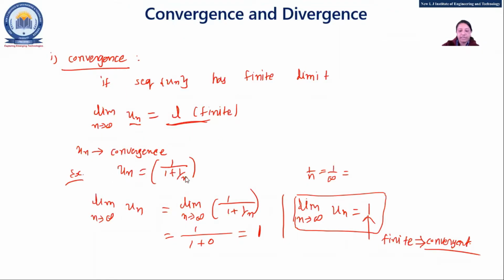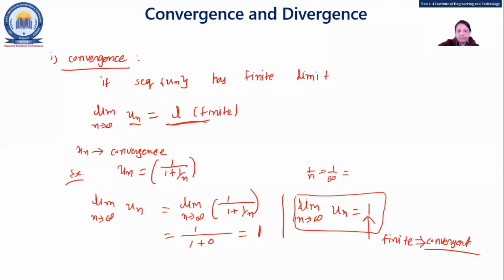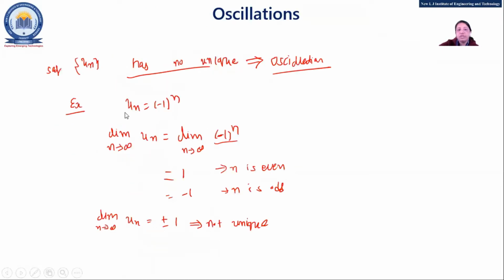We have seen an example of that one. Divergence: if the answer of the limit is infinite. The next one is oscillation. The simple example is minus 1 raised to n.